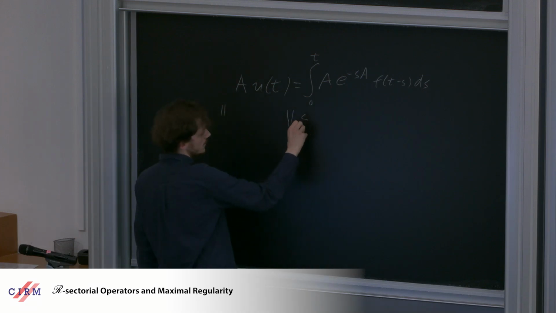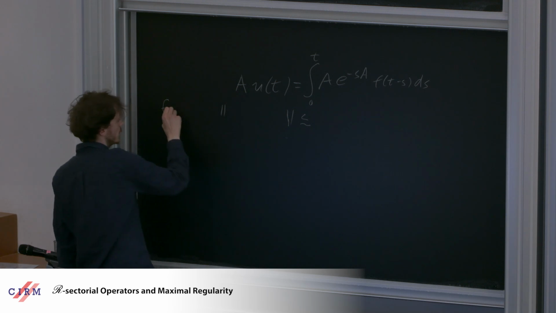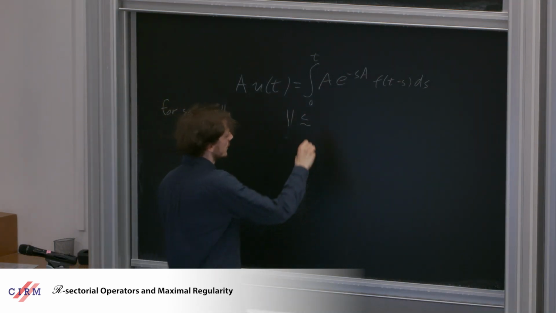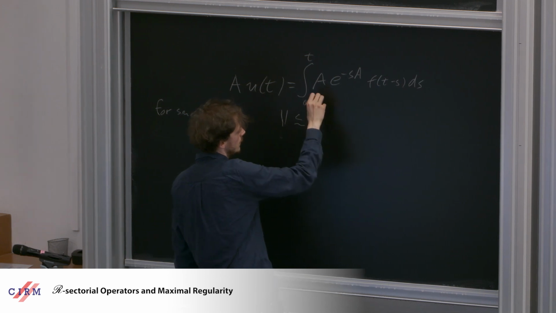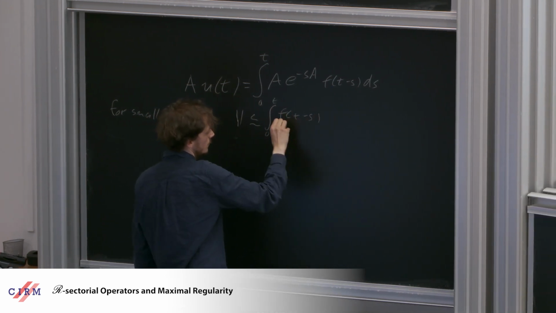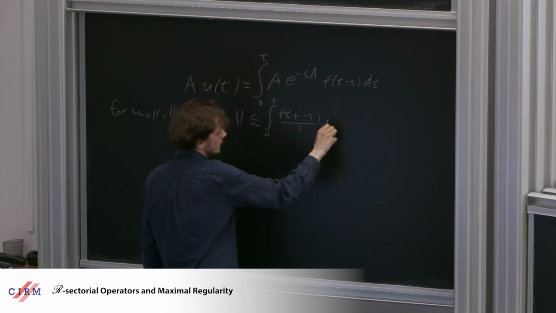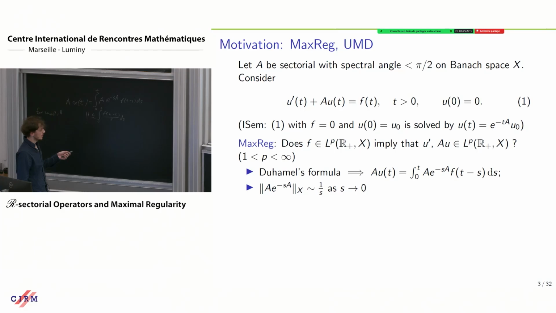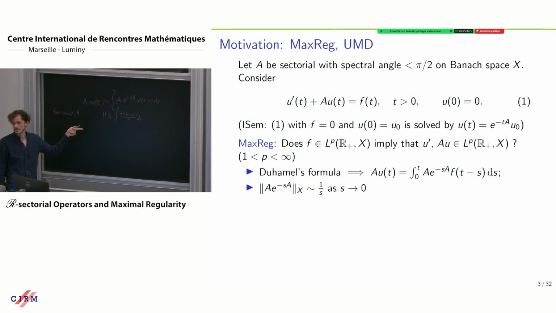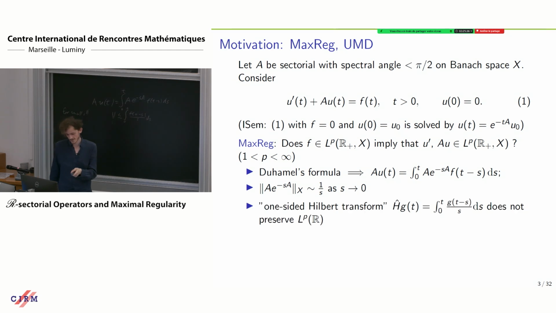So for small s, we can estimate these by, which maybe you recognize this expression. By the way, is it large enough? Do you see in the back? Which is the one-sided Hilbert transform, which is not a bounded operator in L^p.